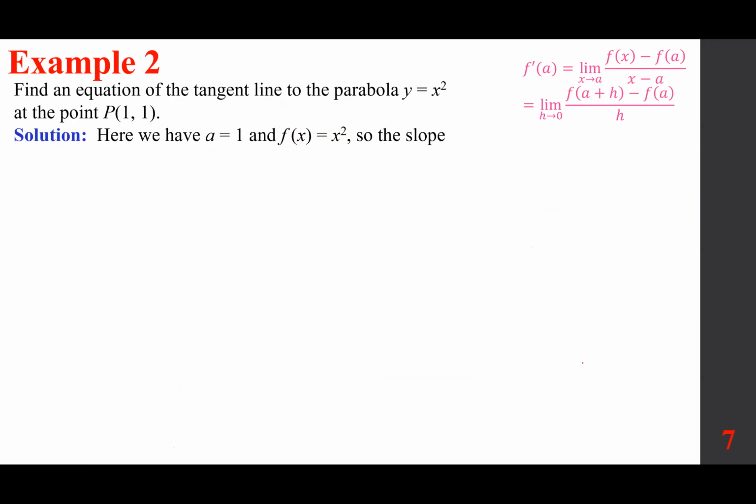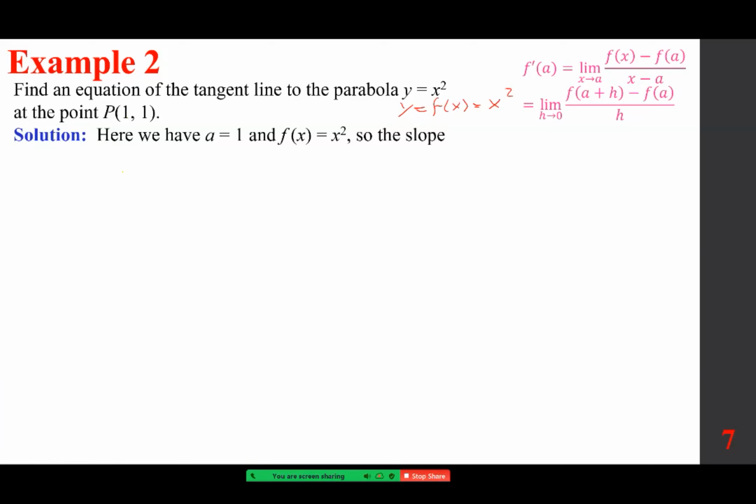Find an equation of a tangent line to the parabola y equals x squared at a specific point. Please understand, they don't have to give us the pair. All they have to give us is the x coordinate, and then you plug it into the y or f of x coordinate. Remember, this is y or f of x equals x squared.